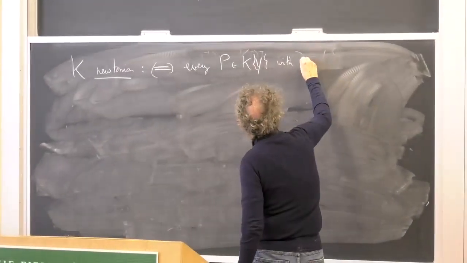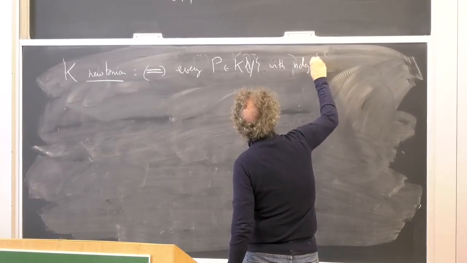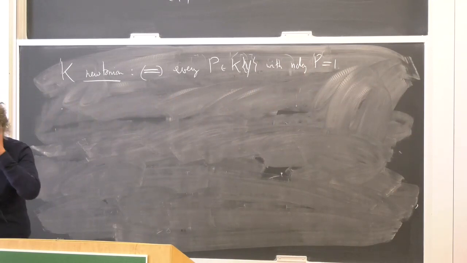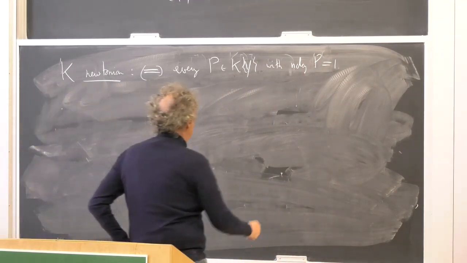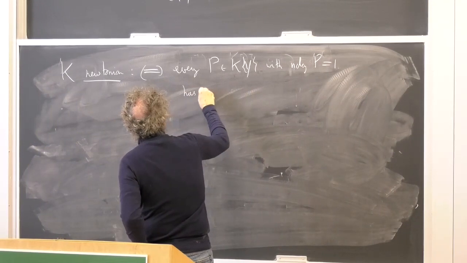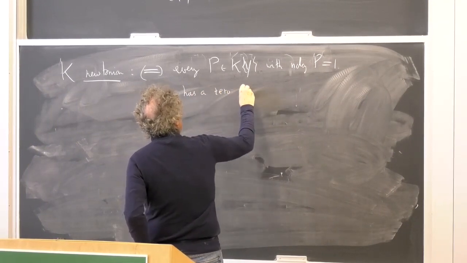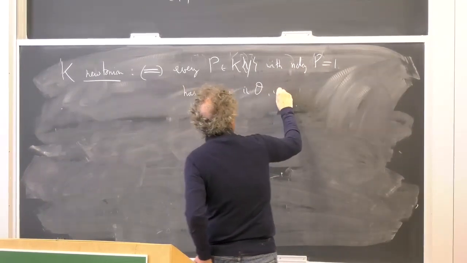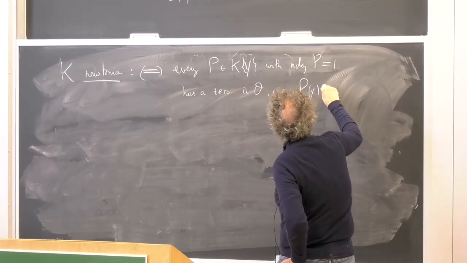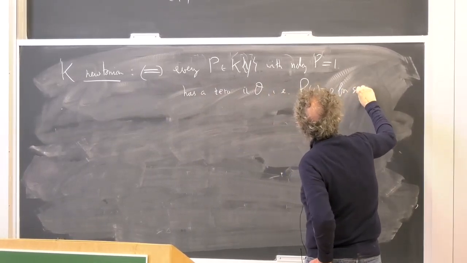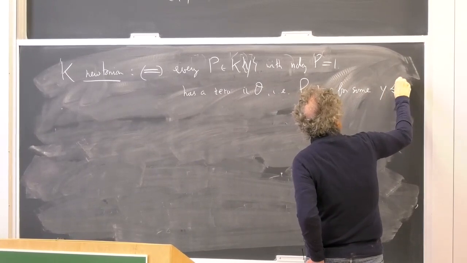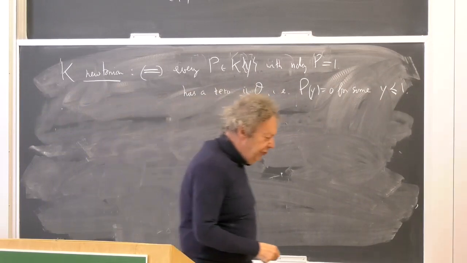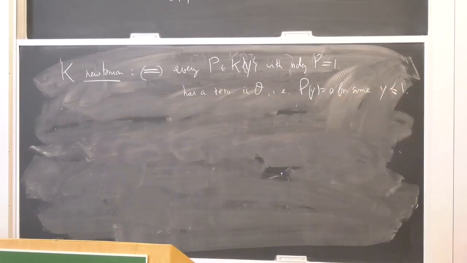But every P with Newton degree 1, and these are also called quasi-linear, has a zero in O, i.e. P(y) equals 0 for some y, for some bounded y. So this is a kind of super version of Henselianity.